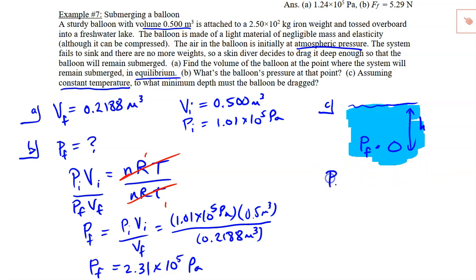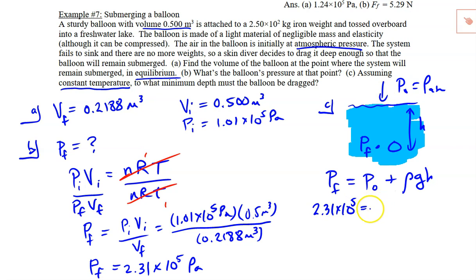If you recall from the earlier chapter on fluids, the pressure is equal to the pressure outside at the surface, which is just atmospheric pressure, plus rho g h, and we're solving for h. So the final pressure was 2.31 times 10 to the power of 5, equal to the atmospheric pressure, 1.01 times 10 to the power of 5, plus the density of water, which is 1,000, times g, which is 9.8, times h.